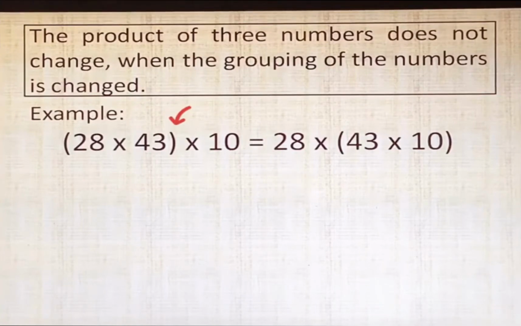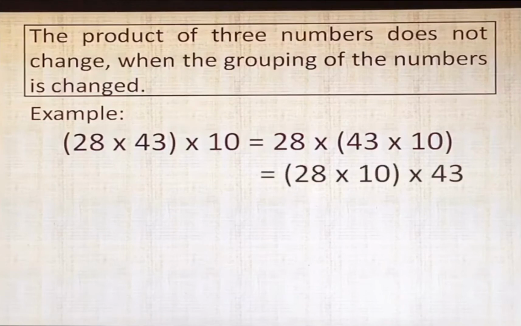Another combination we have is 28 into 10 multiplied and the product will be multiplied with 43. So in each case the product will remain same. So here 28 into 43, 43 into 10 or 28 into 10 will be multiplied first and then they will be multiplied with the other number in the sum.